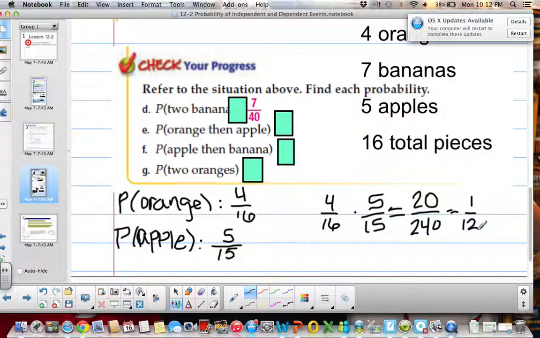So our probability of getting an orange and then an apple is 1/12. And we can check to make sure, 1/12. I would like you to pause me and do F and G. Probability of apple and then banana, and then probability of 2 oranges.